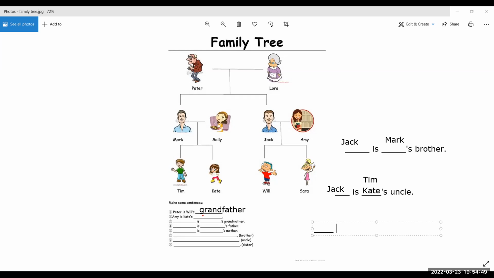Last one, blank is blank's sister. So look at the tree and complete that sentence.